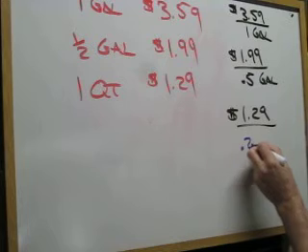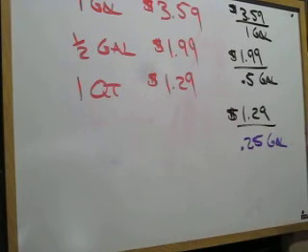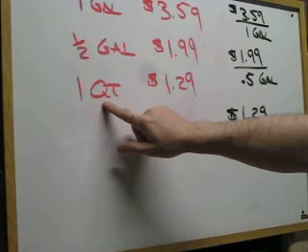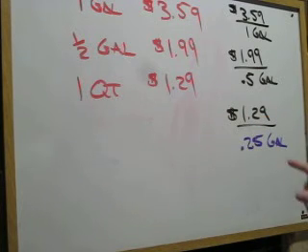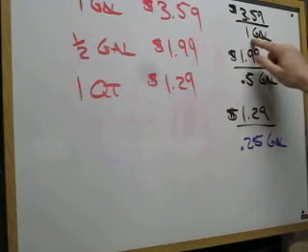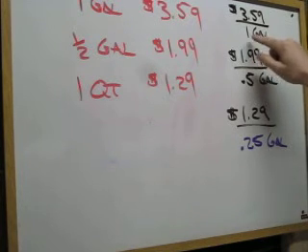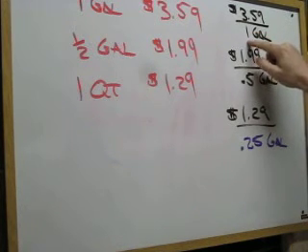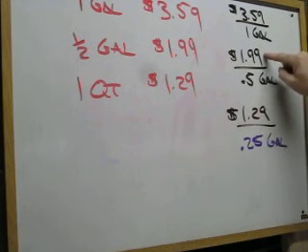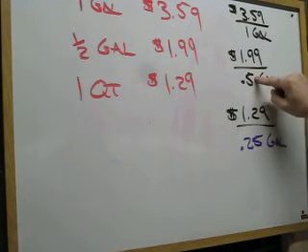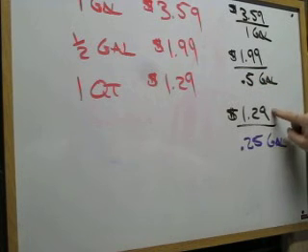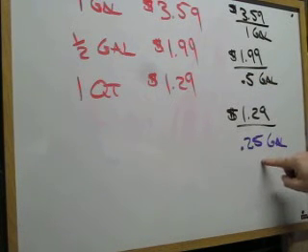I'm just going to put 0.25 gallons here because 0.25 is the same as 25 over 100, which is the same as 1/4. At this point, this is the only one that actually is unit priced. It has to have a 1 here. So to get these to be unit price, you just take $1.99 divided by 0.5, and you take $1.29 divided by 0.25, and you'll get your prices.